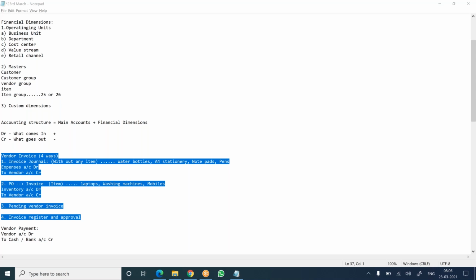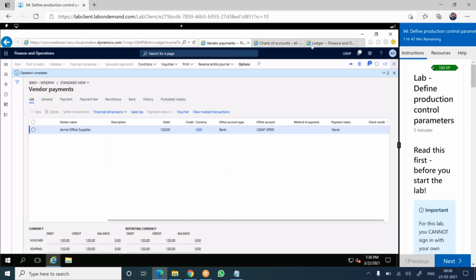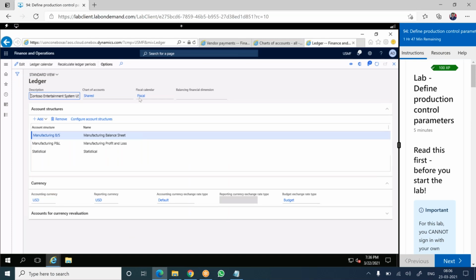Is that relationship correct? Yes. That relationship is what I showed just now in this ledger form. In this form, you are mapping a one-to-one relation: chart of accounts versus legal entity, and legal entity versus accounting currency, reporting currency, and accounting structures.